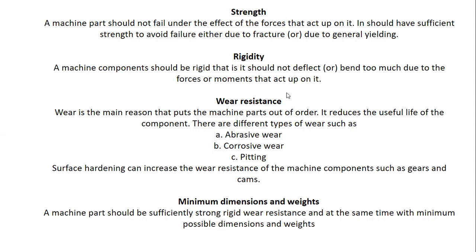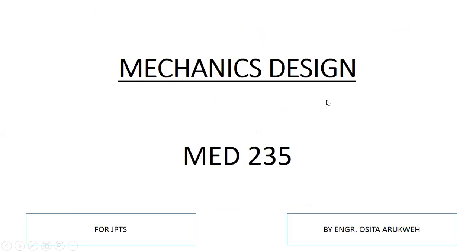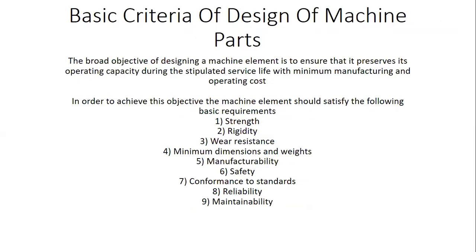So we are talking about, if you're just joining the class, we are in Mechanics Design MED 235, and my name is Engineer Osita Arukwe, and we are talking about the basic criteria of design of machine parts. We mentioned them as strength, rigidity, wear resistance, minimum dimensions and weights, manufacturability, safety, conformance to standards, reliability, and maintainability.